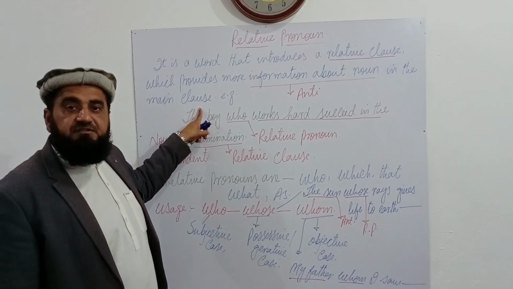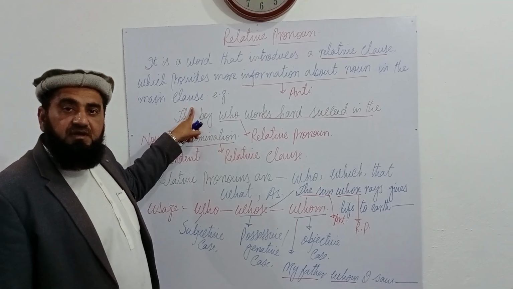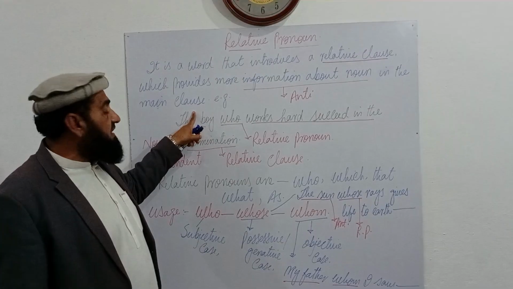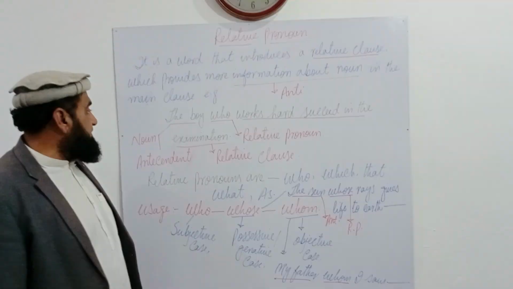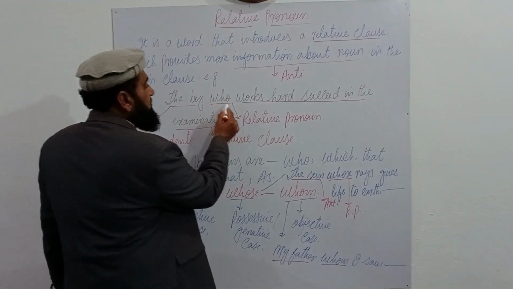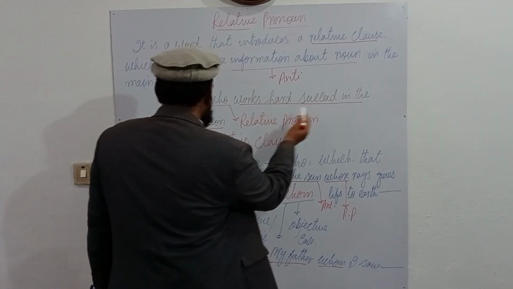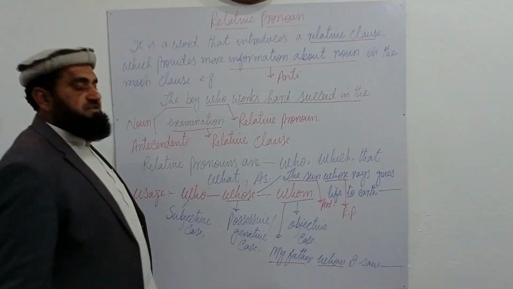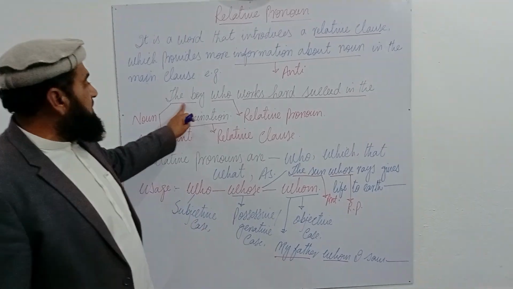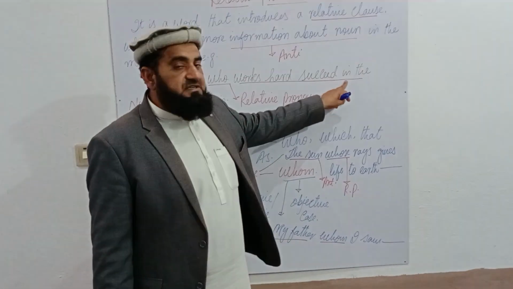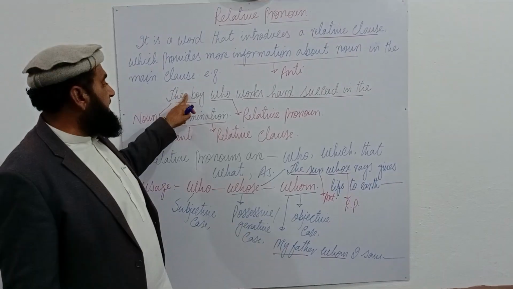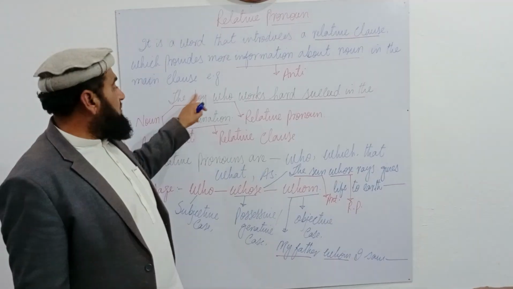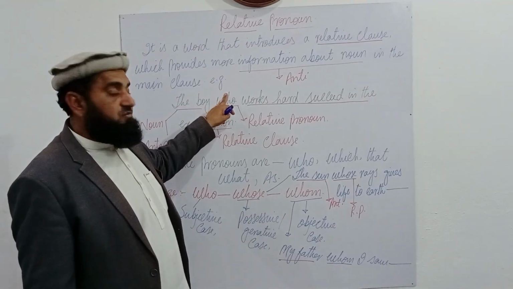Maybe it is the subject of the main clause, but we can say almost always it will be the subject of the main clause. For example, the boy who works hard succeeds in the examination. So the boy, that is the noun. Who, relative pronoun.